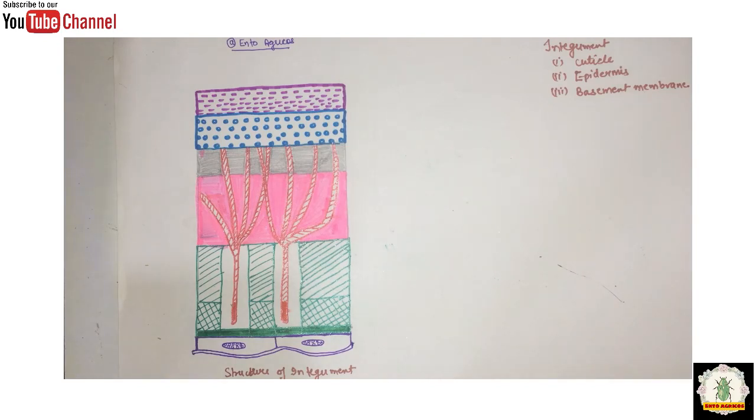So the layer at the base, you can see over here in this diagram, is the basement membrane. This basement membrane is 0.5 micron thick, and it is undifferentiated.